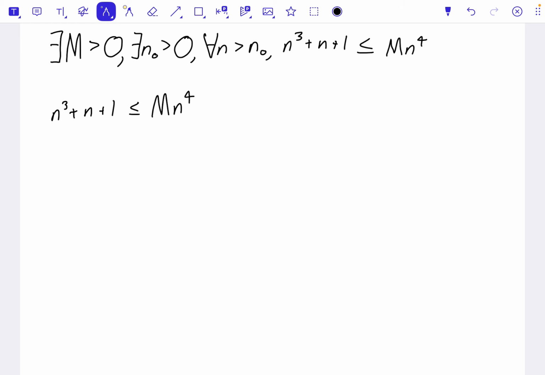So we're going to try to solve the inequality for any of the variables that were existentially quantified. In this case, we're going to solve for m, and along the way, make assumptions about n being greater than certain constants, and then just remember those constants and use them to set n naught.